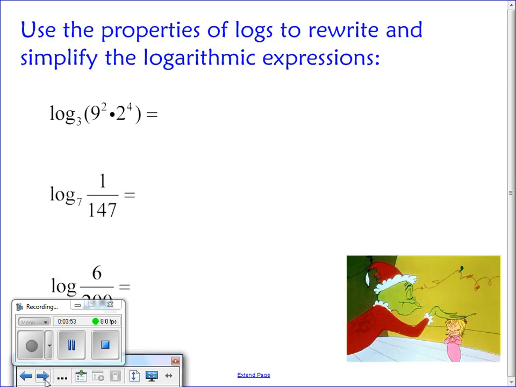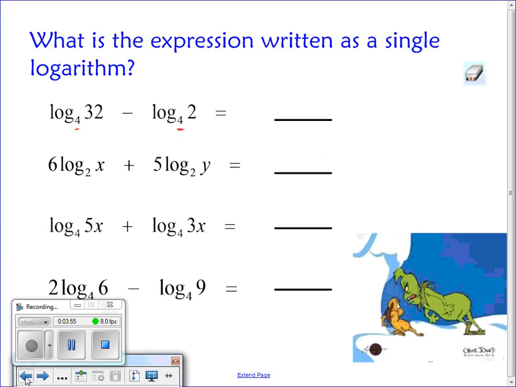Yeah, it's the flip-flop of that property. So it would be the log base 4, that's all the same. Since it's subtraction, it flips this into division. So it'd be 32 divided by 2, which is 16.